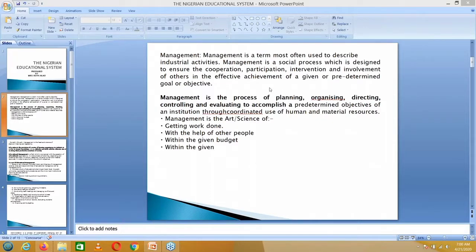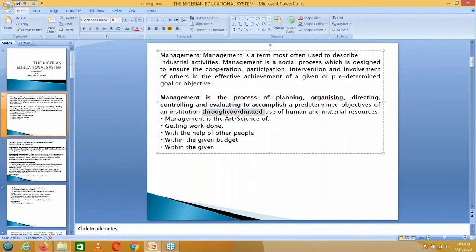Management is associated to all industrial activities. It's not only in education. But management is also a process of planning, organizing, directing, controlling, and evaluating the objectives of an institution or an industry.